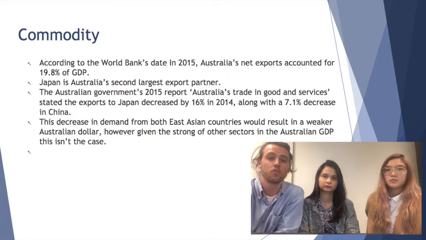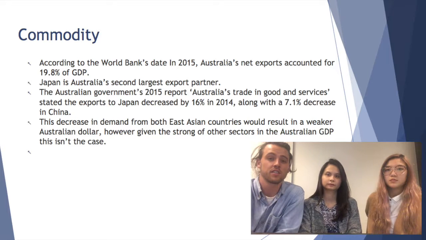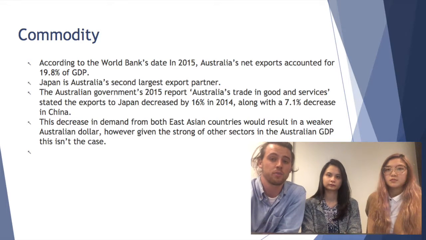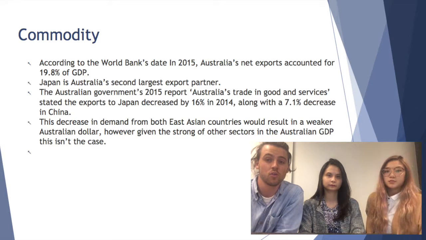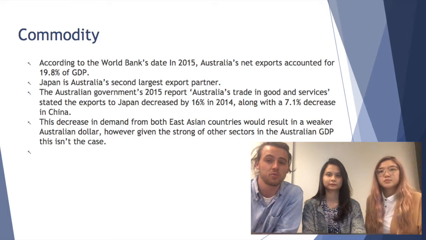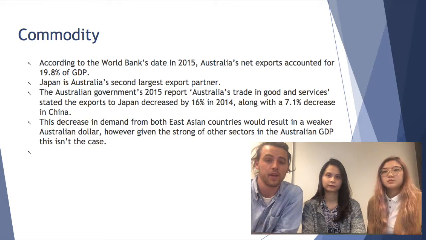The export of commodities accounts for roughly 19.8% of Australia's GDP, as stated by the World Bank. Comparing the USD to the Australian dollar, it is our opinion that from commodity demand, the Australian dollar would prove stronger in the face of the US dollar in the coming months. This is reflected in the considerable spike in demand for Australian commodities in the United States.